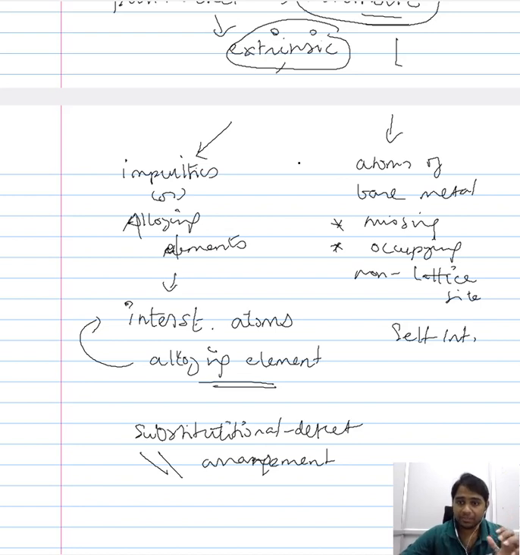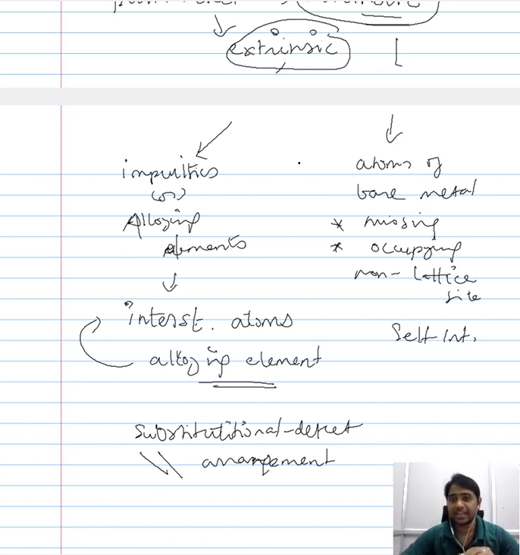Now these alloying elements, depending on the size of their atoms, might either occupy the interstitial site, which is also referred to as the non-lattice site, or the atoms of this alloying element can replace the base metal atoms in their regular position. Depending on where the atoms of this alloying element occupy the lattice, they are referred to as interstitial defect or substitutional defect.